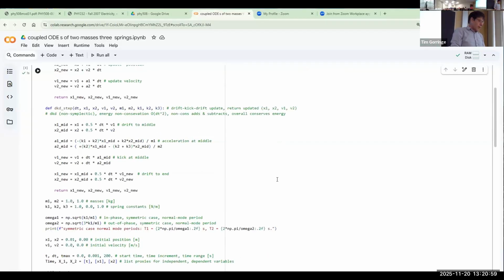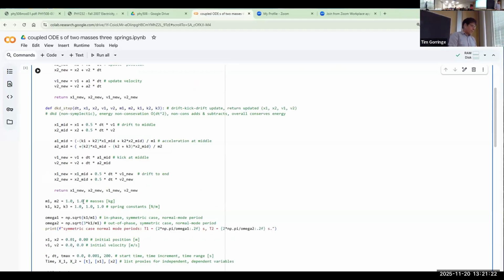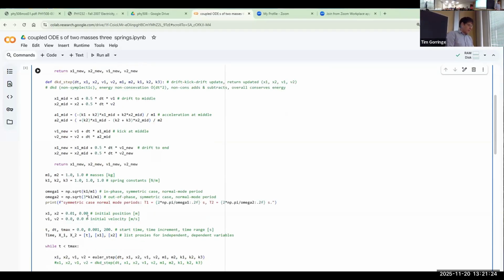Let's switch on the coupling. Where is that? Here. Switch on the coupling. And here we go. This is the case we solved analytically: equal masses, equal spring constant. And I'm going to displace both masses by an equal amount towards the right, and then I'm going to release them.